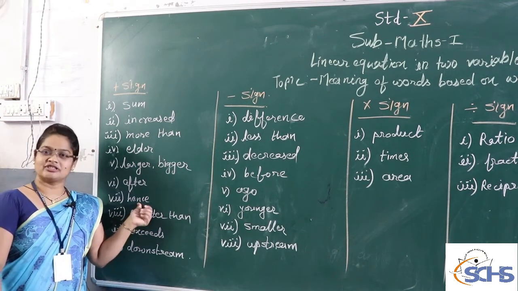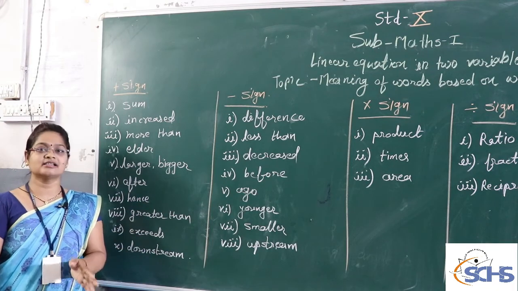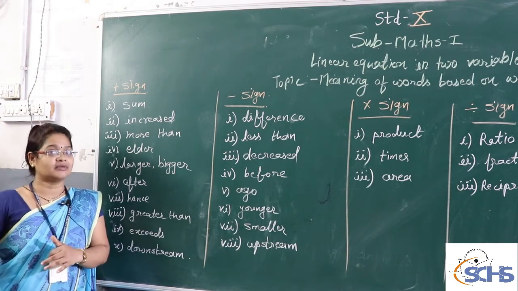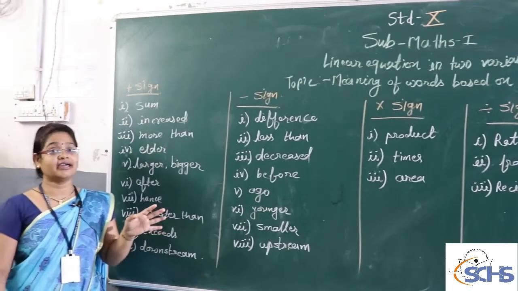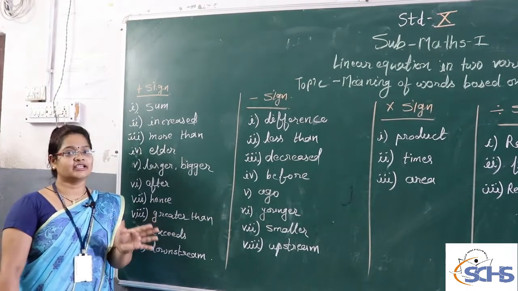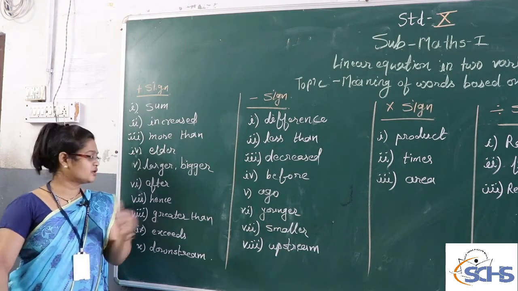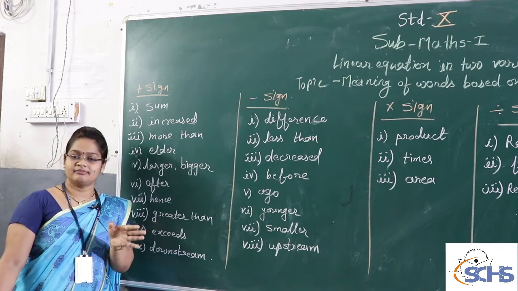If in the question it is given that hence 5 years the age of Ram will be equal to 10 times the age of Sham, hence is given, so we will find both ages after 5 years.